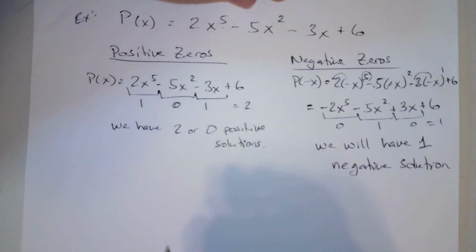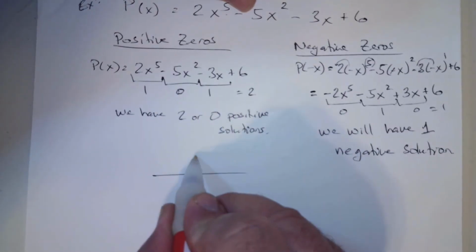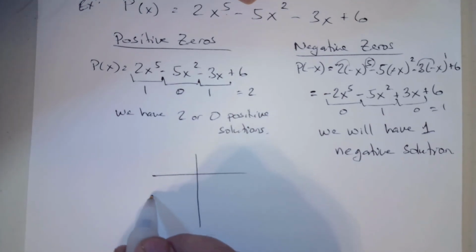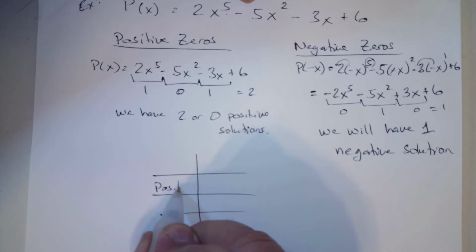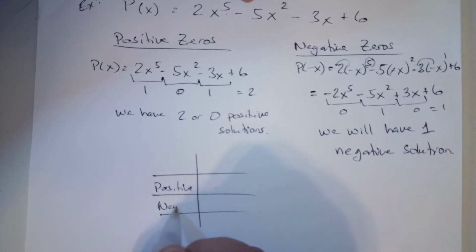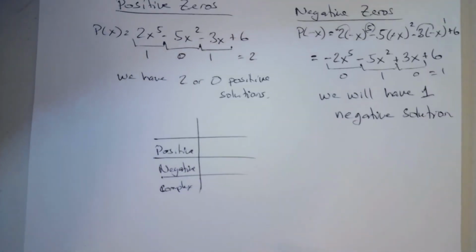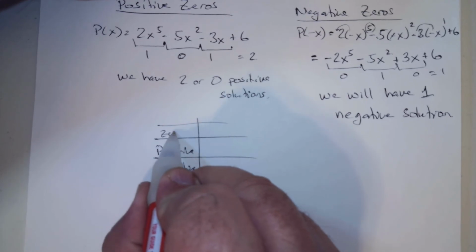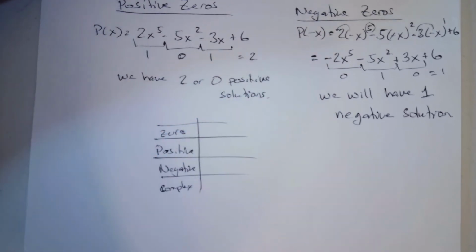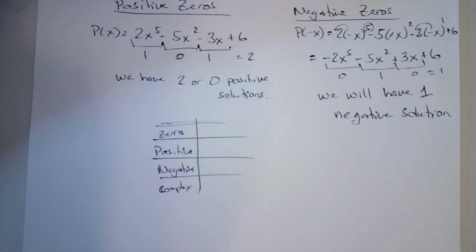Let's look at how that does. We can have positives, negative, and complex. Also, remember, we can also have zeros. This only happens if we have a single x term.